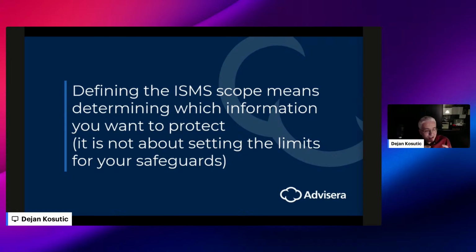That happens later on in the project in 27001, when you define the statement of applicability. But when you define the scope, you're basically saying, I want to focus on protecting data or information in this part of the company. And this is what the ISMS scope means. I'm emphasizing this because very often people have a wrong idea of what the definition of the scope is.